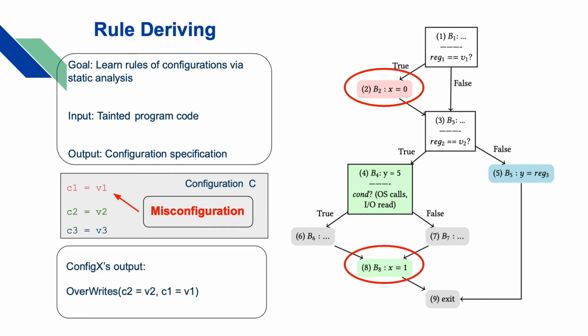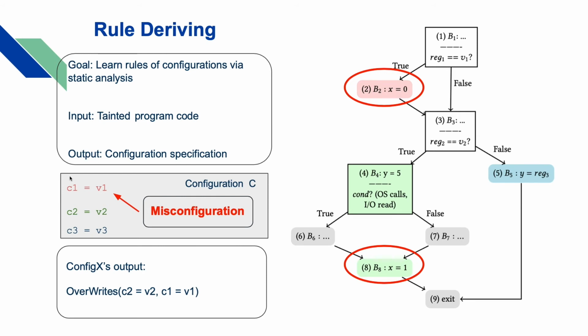And from this example, what we can learn is that there is a silent misconfiguration here. C1 equal to V1 is a silent misconfiguration. The reason is that the setting of C2 equal to V2 will enable those two basic blocks and will set the value of inner variable x to 1 instead of 0.